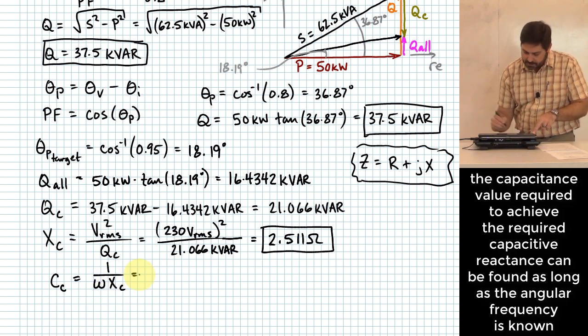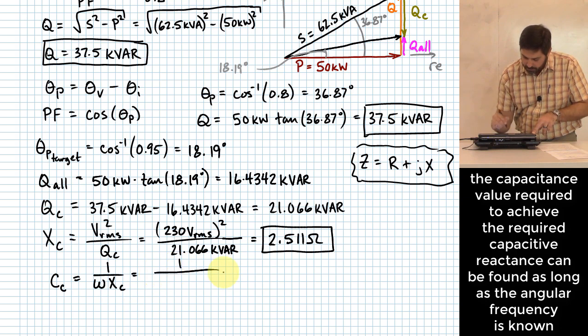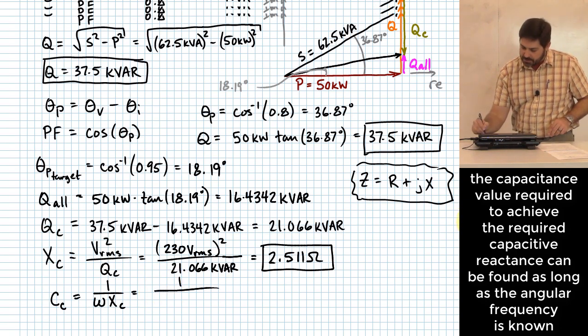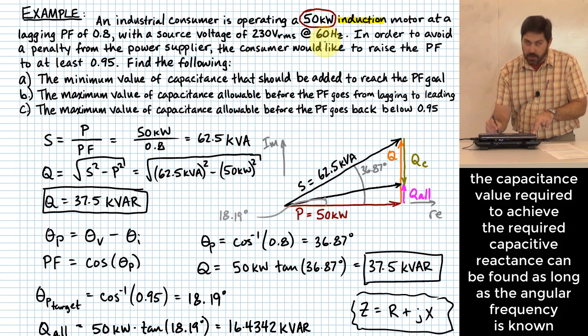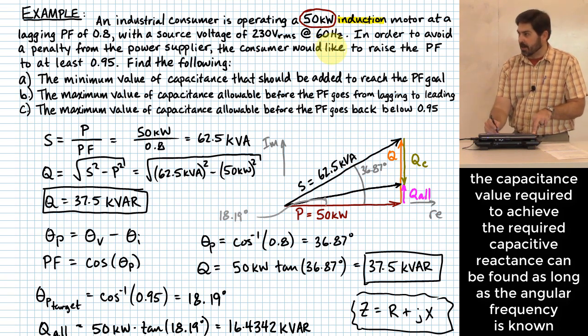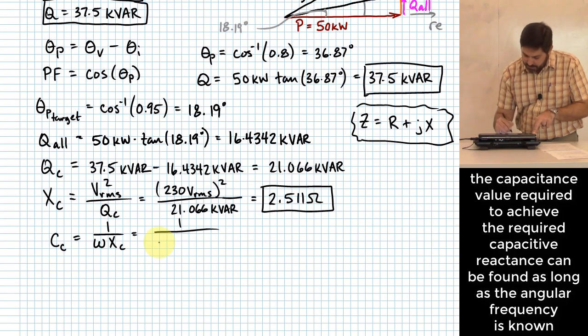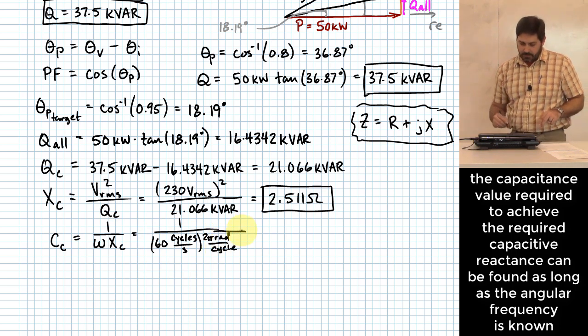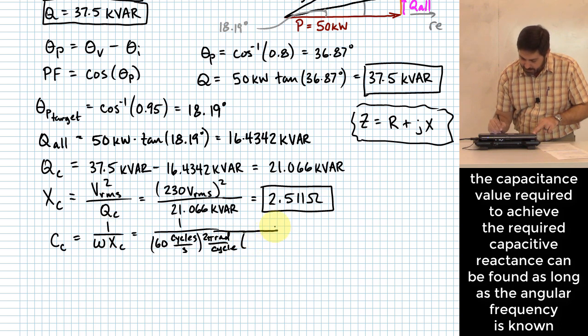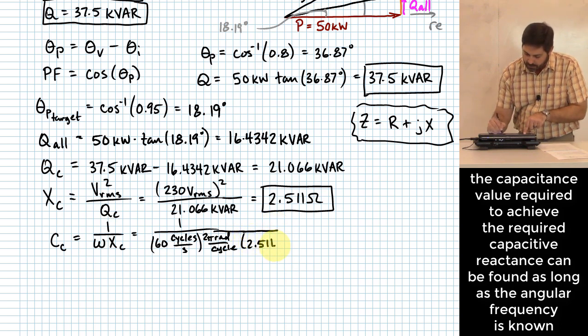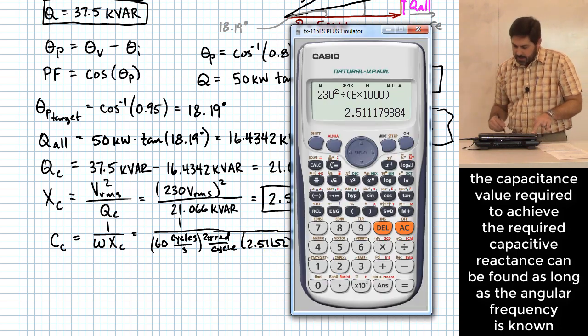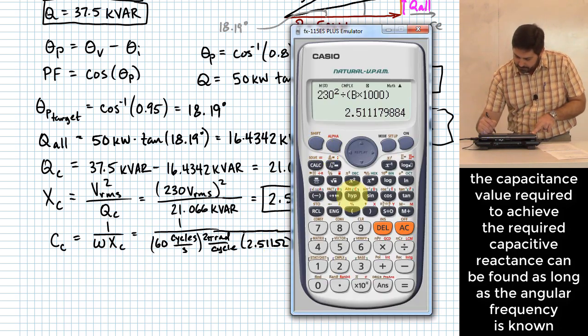And so for us, this is going to be 1 over, what is omega for our system? 60 hertz, that is cycles per second, right? So this would be 60 cycles per second multiplied by 2 pi radians per cycle, okay, multiplied by that reactance value that we just found of 2.511 ohms, and let me get that stored also.